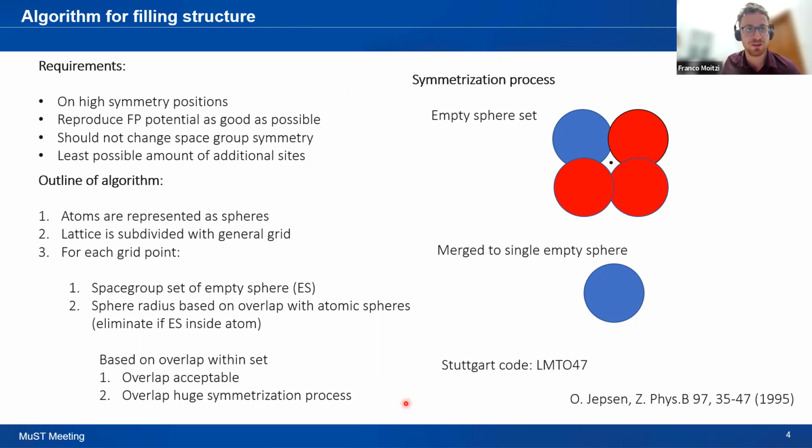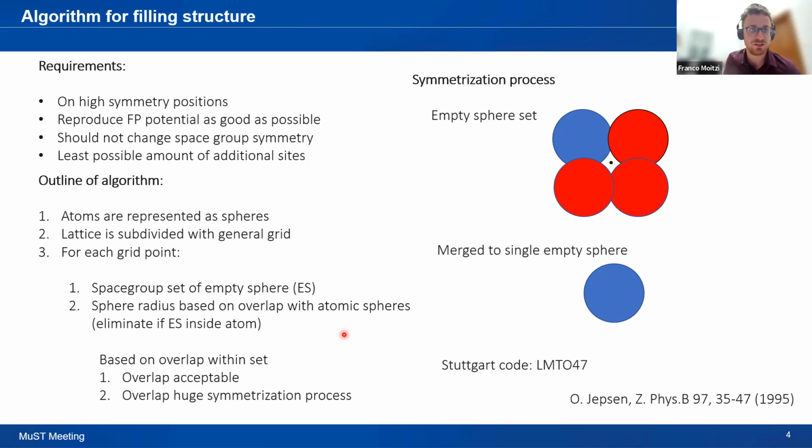Then for each grid point, one first of all generates a whole set of empty spheres by applying all the space group operations. Then secondly, one calculates the sphere radius of all of these empty spheres by maximizing the overlap with the atomic spheres. And one has to eliminate the spheres if one is, for example, inside another atomic sphere.